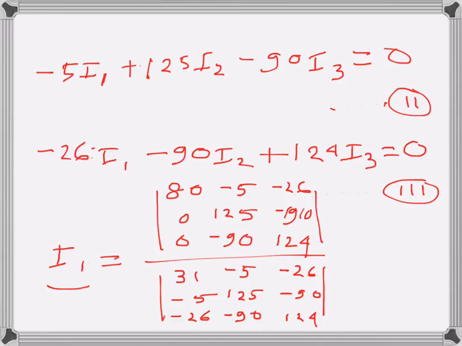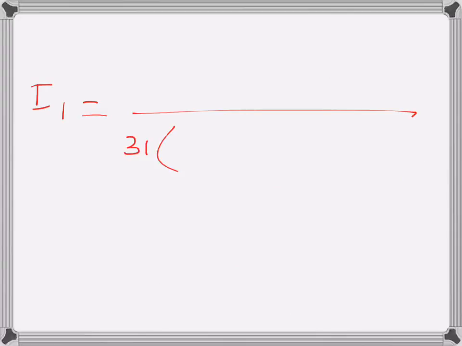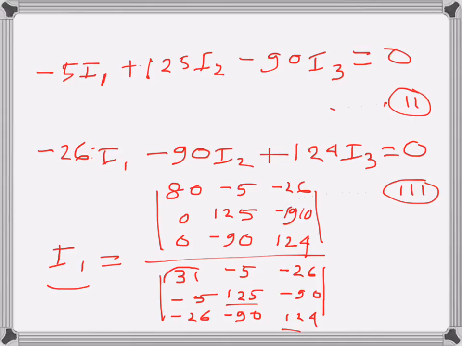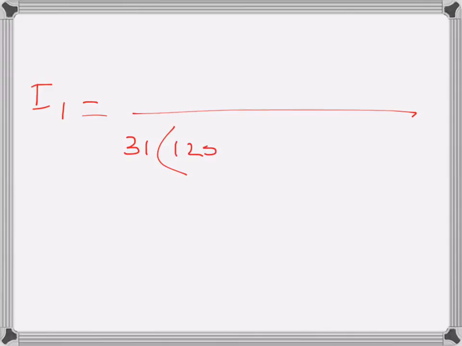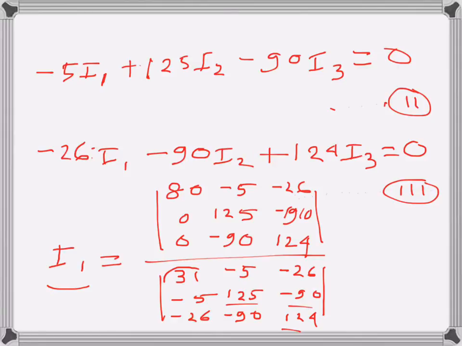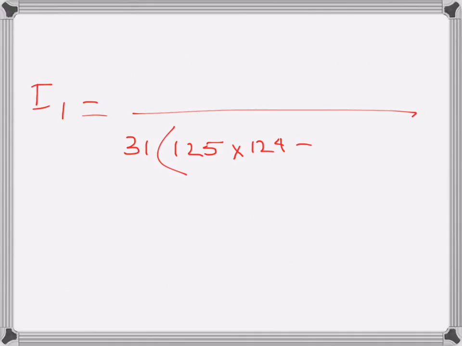We write the coefficient 31, and the multiplication will be 125 times 124 minus 90 times 90, where minus 90 times minus 90 is a plus, so I'm just writing it in another bracket.